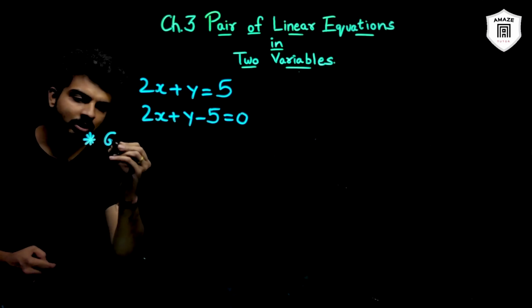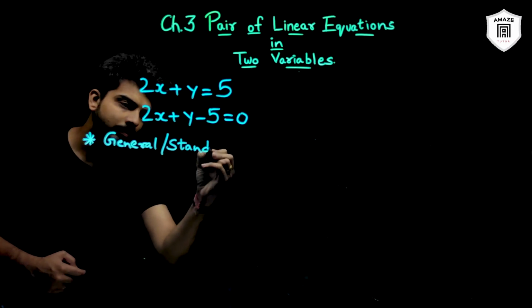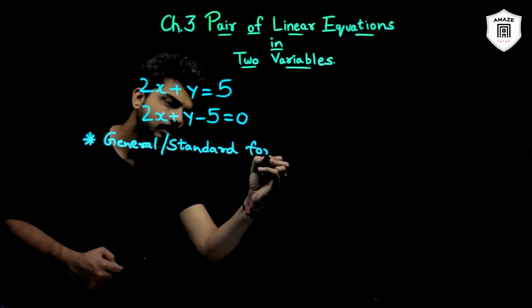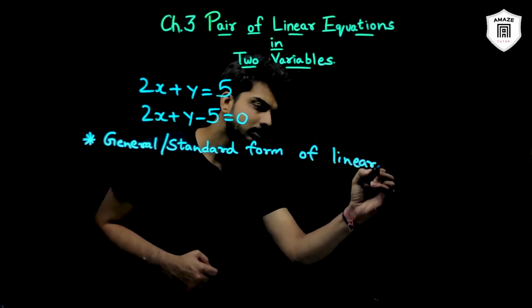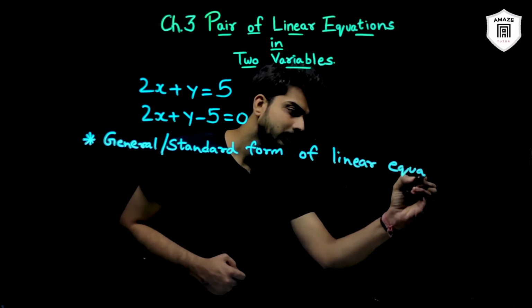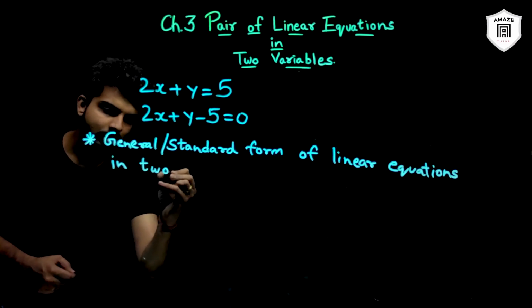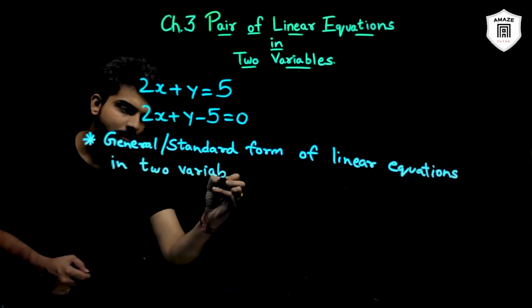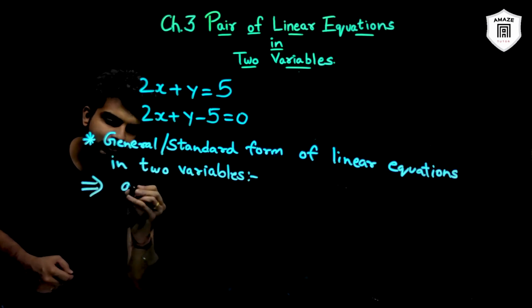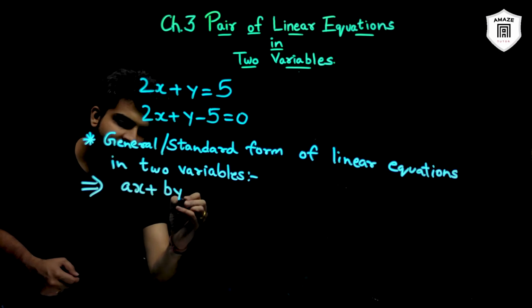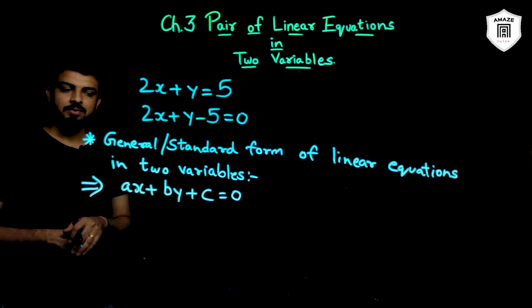So the general form, or we can say it as standard form of linear equation in two variables is ax plus by plus c equals to 0, right?